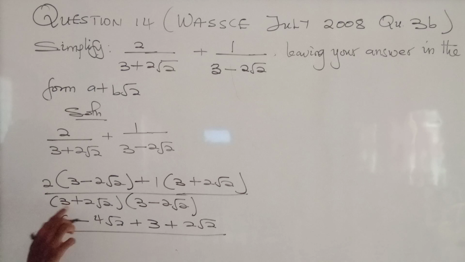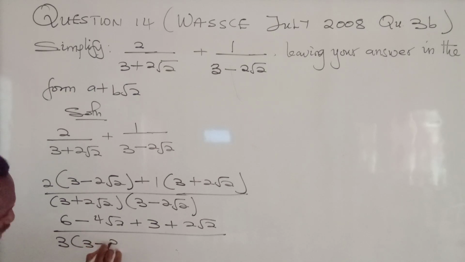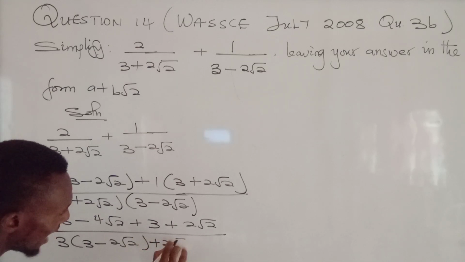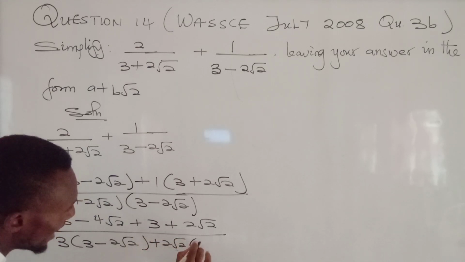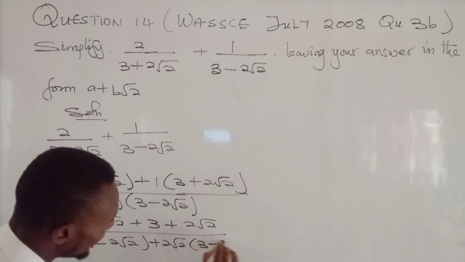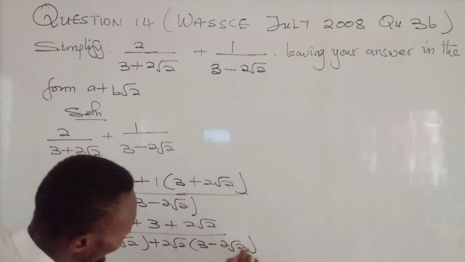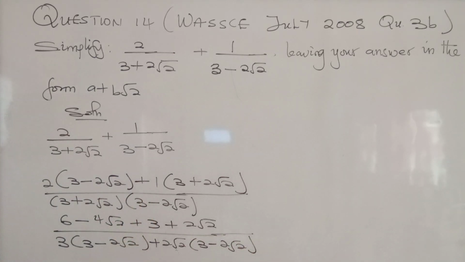So when I take this 3, it will multiply the last bracket, which is 3 minus 2 root 2, and close your bracket. Then I'll pick this positive 2 root 2 as well. It will multiply the last bracket, which is 3 minus 2 root 2. I hope you understand it and you agree with me up to this point.